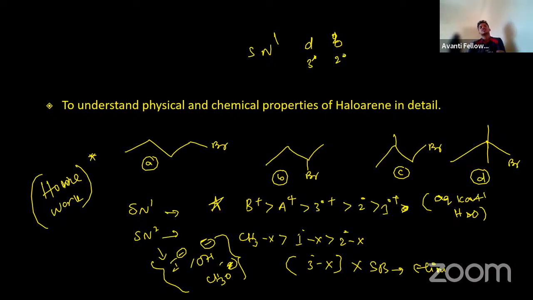Among these two, which is more stable? C is more stable. Why is C more stable? Because here we have 2 plus I groups, so C will have more stability. Here you have only 1 plus I group. And you have 2 alpha hydrogens here and 1 alpha hydrogen there. Just remember that.